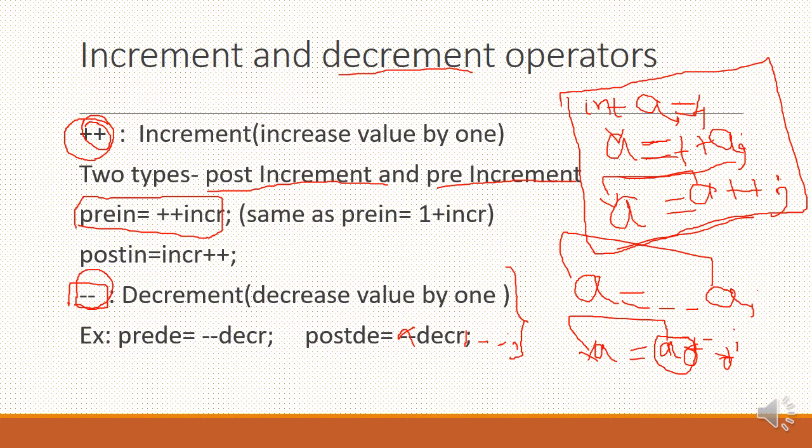So this is about your increment and decrement operators. If somewhat confused, what we have to do is take different variables for this and this. A is equal to 4. Let us take another variable as B. Here you should take the B value. Then it is clear.